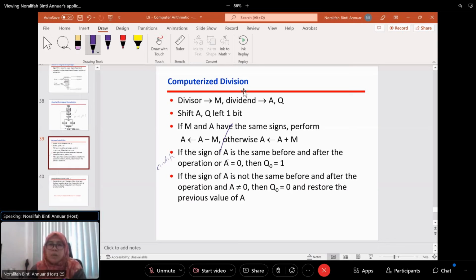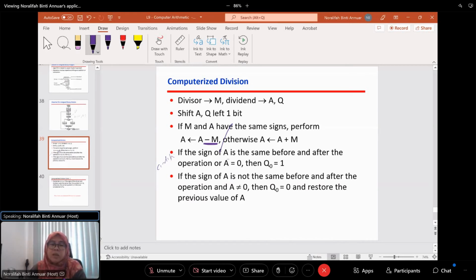But the main thing is A minus M. When you see the negative value, the computer doesn't read negative values, so what you need to do is the 2's complement operation. Okay. Lecture 9, the lecture note is very good. Very clear and compact in how to do this. Alright.